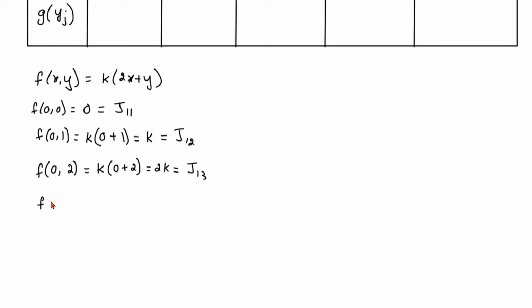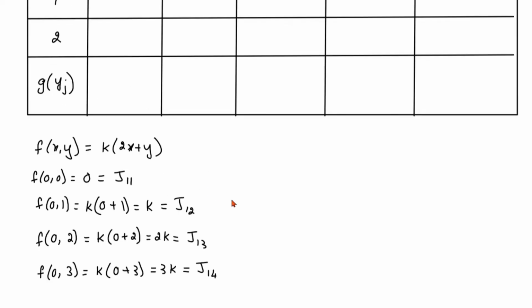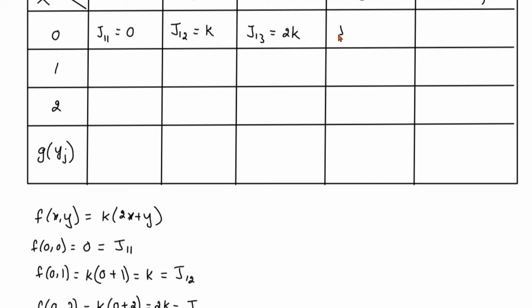Similarly, f of 0 comma 3 is k times x value 0, y value 3, so we get 3 times k. That is j14, so j14 is 3k.